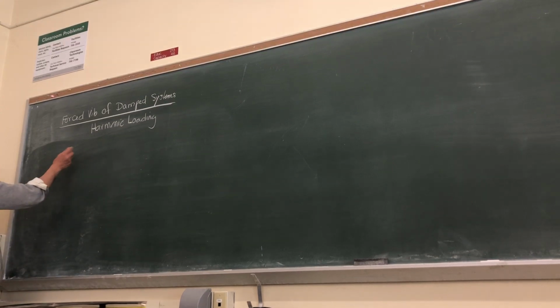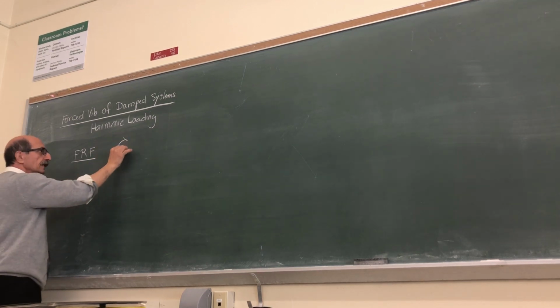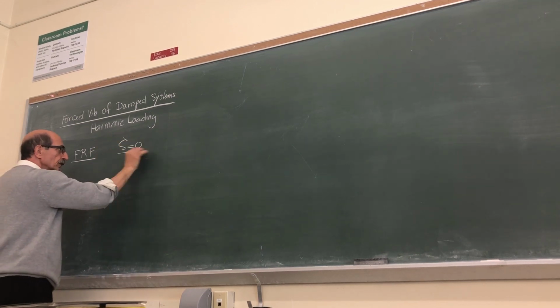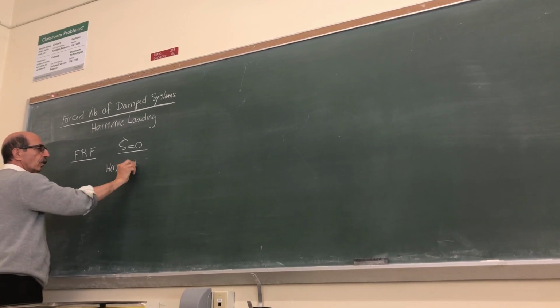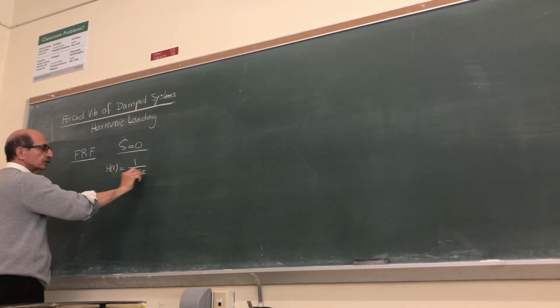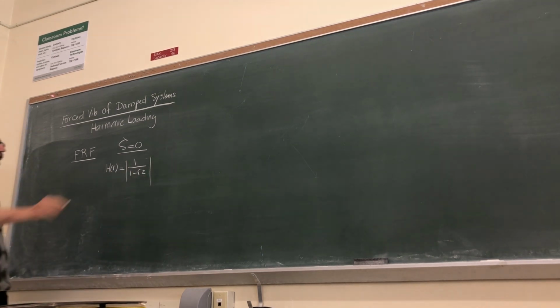The last topic we covered was the frequency response function, which in the case of undamped systems was H of r, 1 over 1 minus r squared, and we plot the absolute value of that.